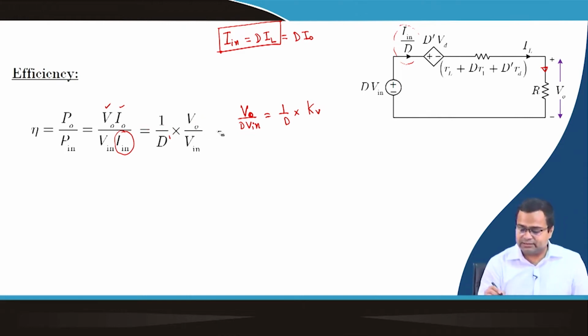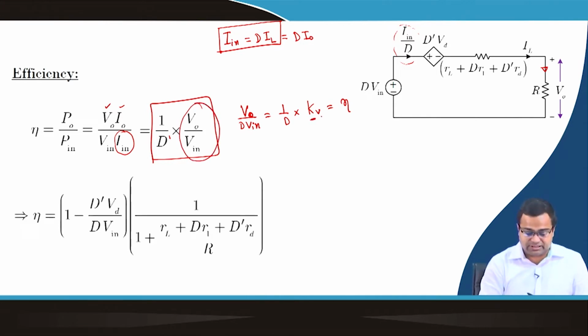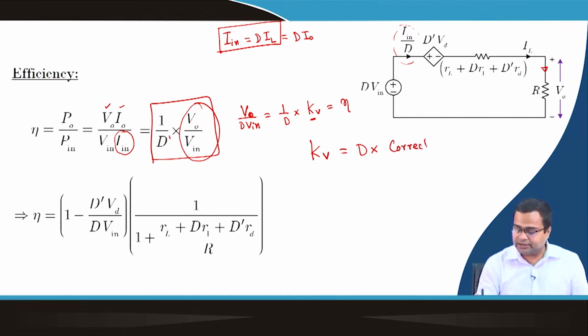So, V0 by Vin, that means this is my efficiency. This term we have already obtained. Now, you substitute the voltage gain. If you substitute the voltage gain, it already has 1 by D, because we know from the voltage gain in the previous slide we saw D into the correction term.